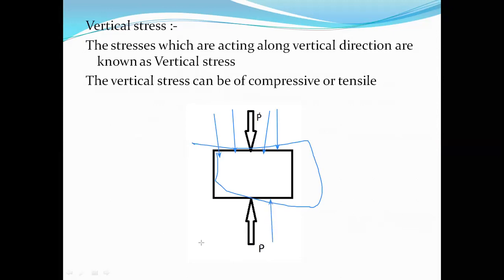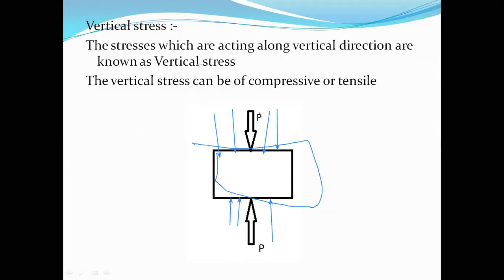So like this, these stresses are acting on this block of rock mass in a vertical direction. That's why these stresses are known as vertical stresses. The vertical stresses can be of compressive nature. In this case, it is compressive.